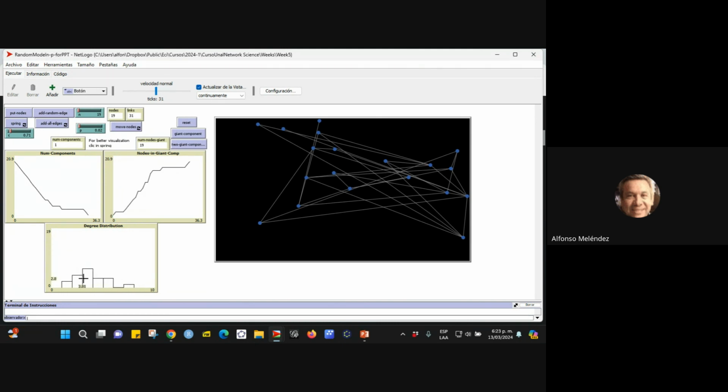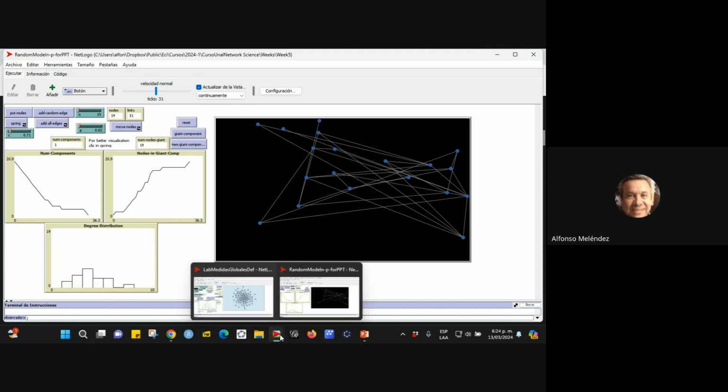I don't know if you know something of normal distribution, okay? So the degrees of the nodes are distributed more or less evenly. This is another property, which is surprising, yes, because it's random. The distribution is normal.